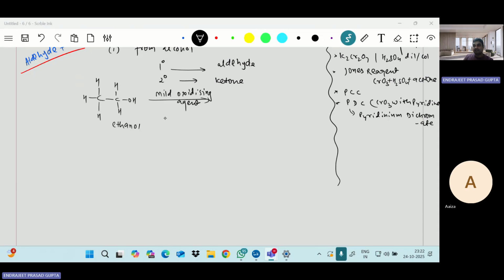So if you are taking any one of these agents, one more is copper at 573 Kelvin temperature, which is also mild.